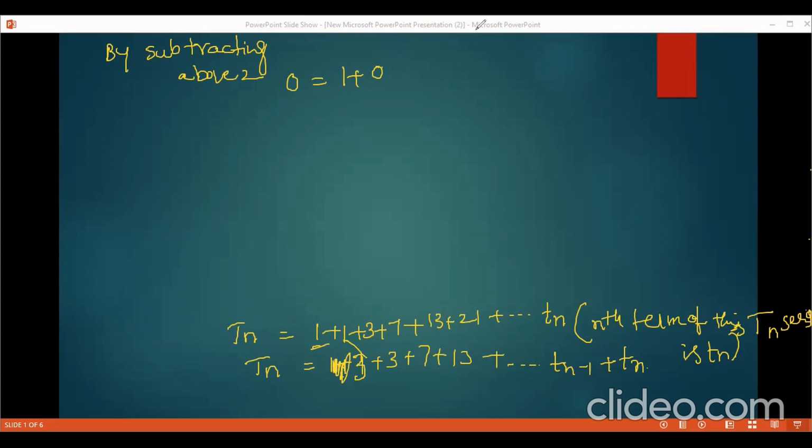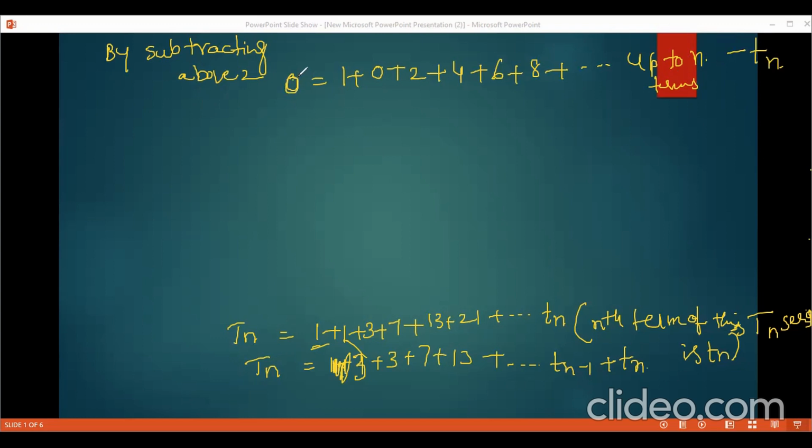1 plus 0 plus 3 minus 1 is 2, plus 4, 7 minus 3 is 4, and then 13 minus 7 is 6, plus 8, 21 minus 13 is 8. Okay, plus so on up to n terms minus Tn.